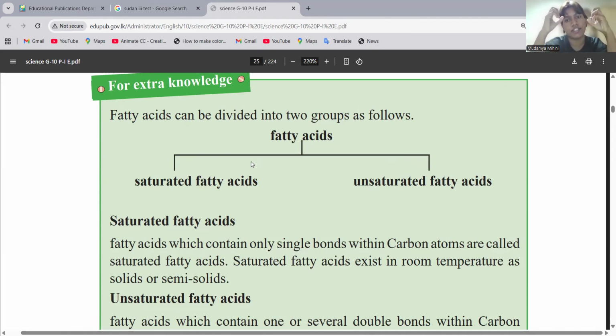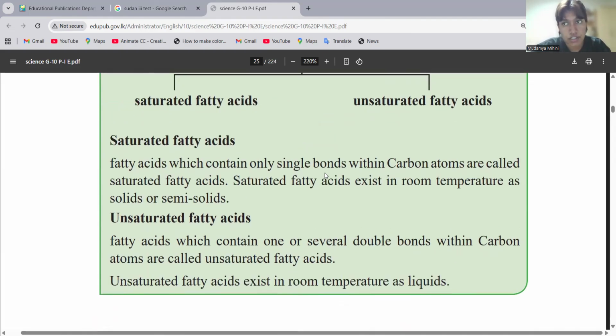Within these carbon atoms, there can be single or double bonds, because if you take elements, they have various bonds, triple bonds, quadruple bonds, and stuff. So if there are single bonds between carbon atoms, it's called saturated fatty acids. And it's solid or semi-solid, which means it's basically a fat at room temperature.